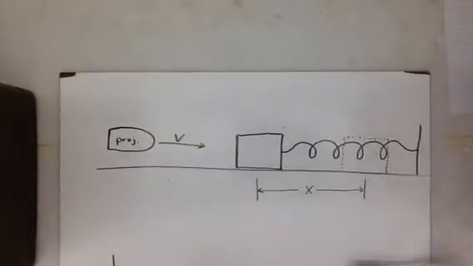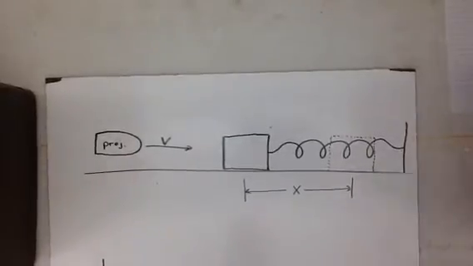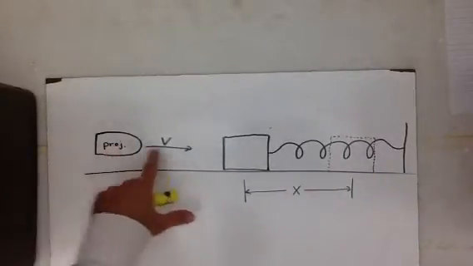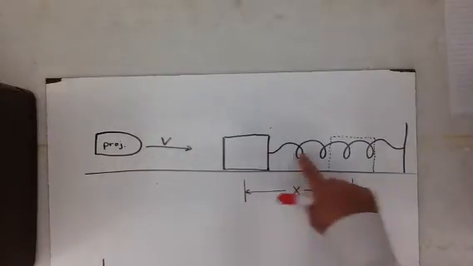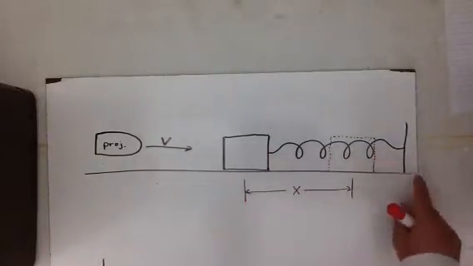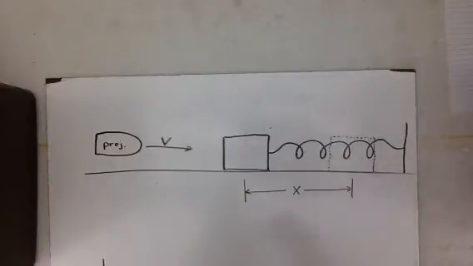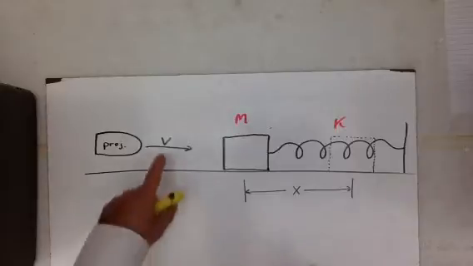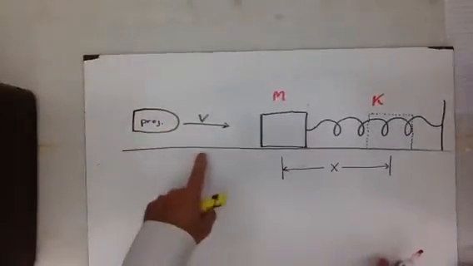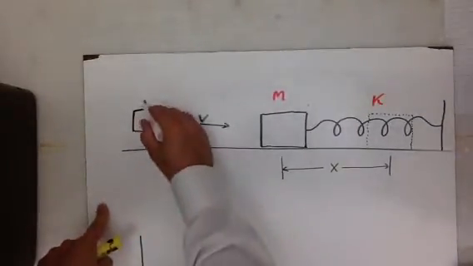So in our scenario here, we are looking at firing a projectile with a particular velocity at a block which is attached to our spring here. Again, the spring will have a K value, the block will have some mass, the velocity of the projectile is included, and this projectile will obviously have a mass as well.